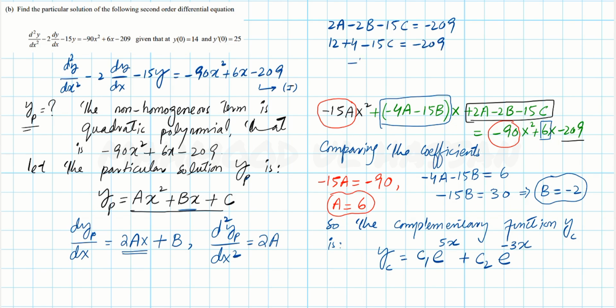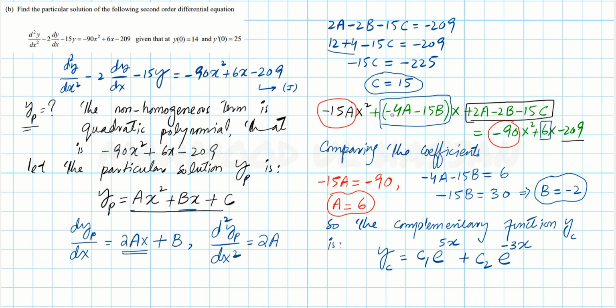So minus 15c is equal to, shifting 12 plus 4, that is 16, to the right side, negative 209 minus 16, that is negative 225. Just divide by negative 15, so you will get the value of c, that is 15. Okay, so we got the values of a, b and c.